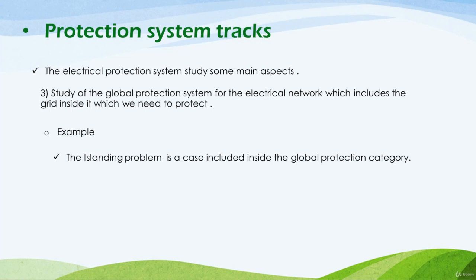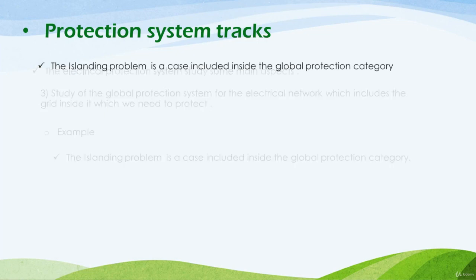So we need to disconnect the generators immediately, as it's a very dangerous case to have the distributed generator which feeds the loads only. And for that reason, we need the protection system to sense when the grid is getting out of the power system. Hence, the protection system will force the generators to turn off also, not to harm it.